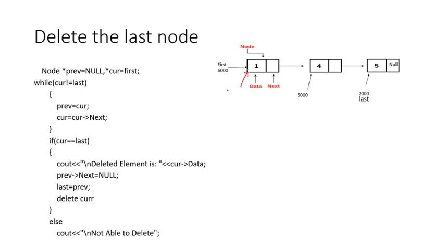Prev is always acting as the predecessor of the current node. So we have to search for the last node, because we have to delete that node.